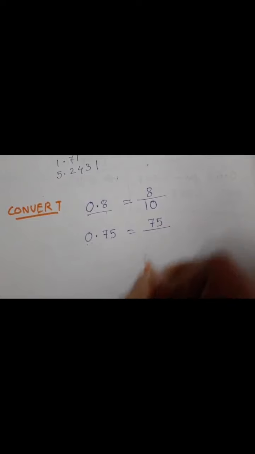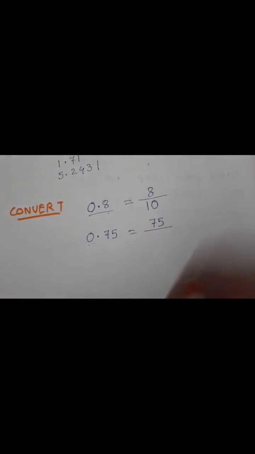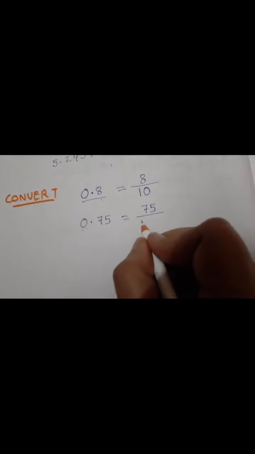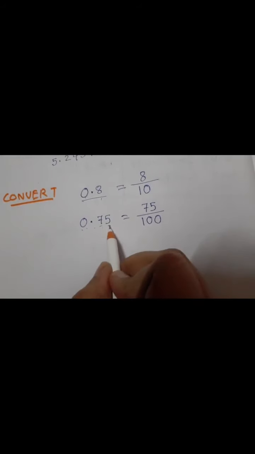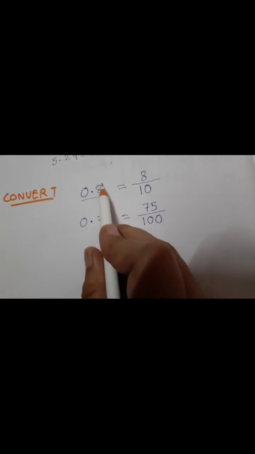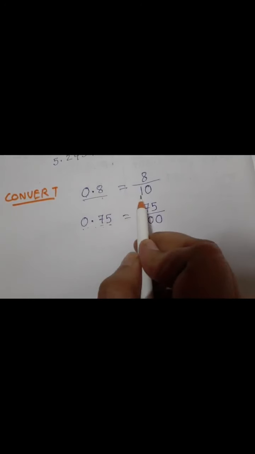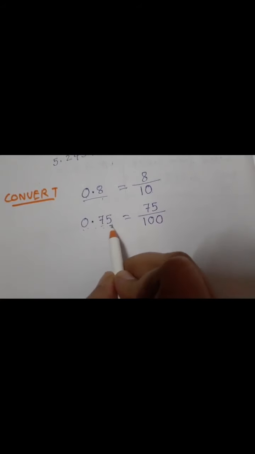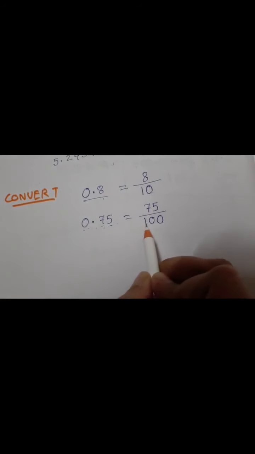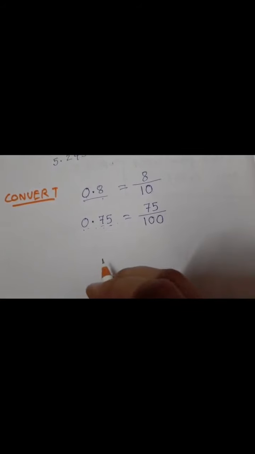So we will write 75 in the numerator, and in the denominator we will write 100, because after the decimal point there are only 2 decimal places. In the previous one, only 1 decimal place was there, so after 1 we use only one 0. Here 2 decimal places are there, so after 1 we will use 2 zeros.